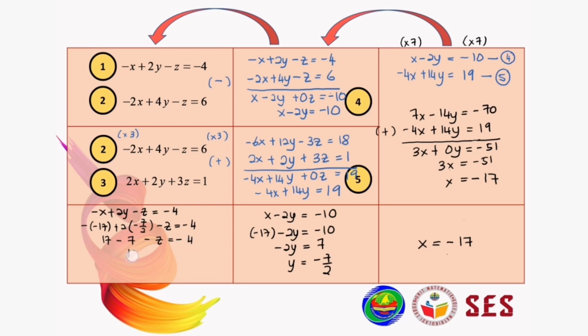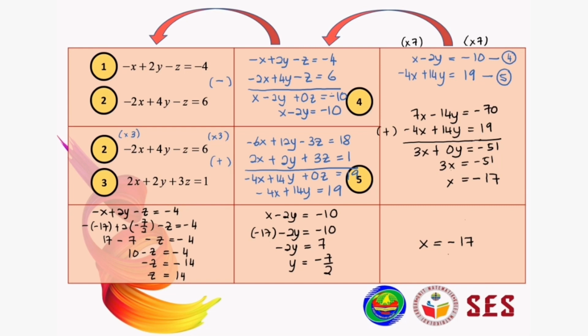This will give us 10 minus z equals to negative 4. And negative z equals to negative 14. And lastly, z is equals to 14. So we have completed our table and already found all the values of x, y, and z. Please replay the video and try to do on your own to ensure that you get the steps.